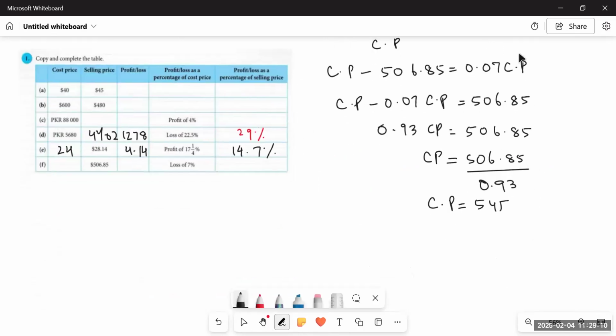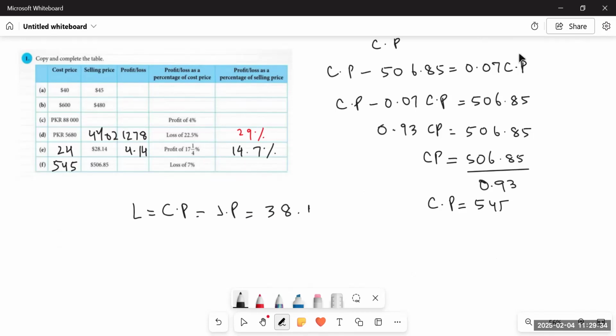And now you can see that cost price is greater than the given selling price. It means the answer would be correct. So if cost price is 545 and the selling price is 506.85, it means the loss would be CP minus SP, which is equal to 38.15.